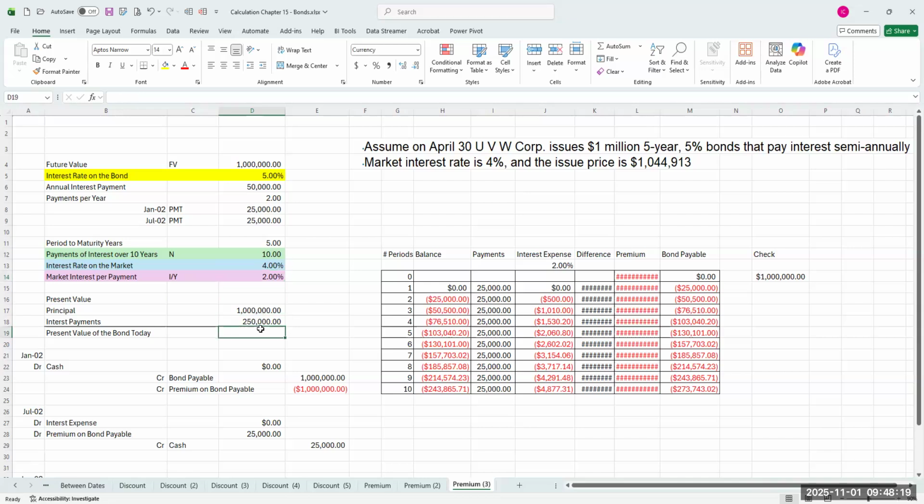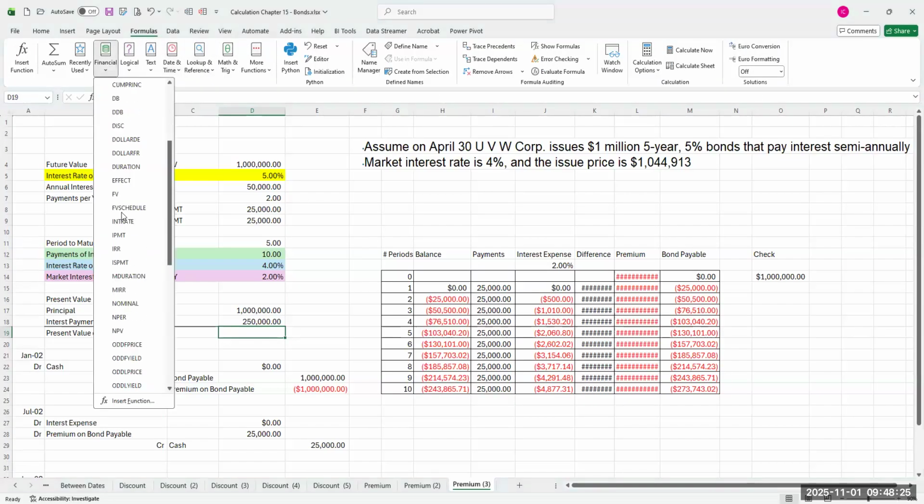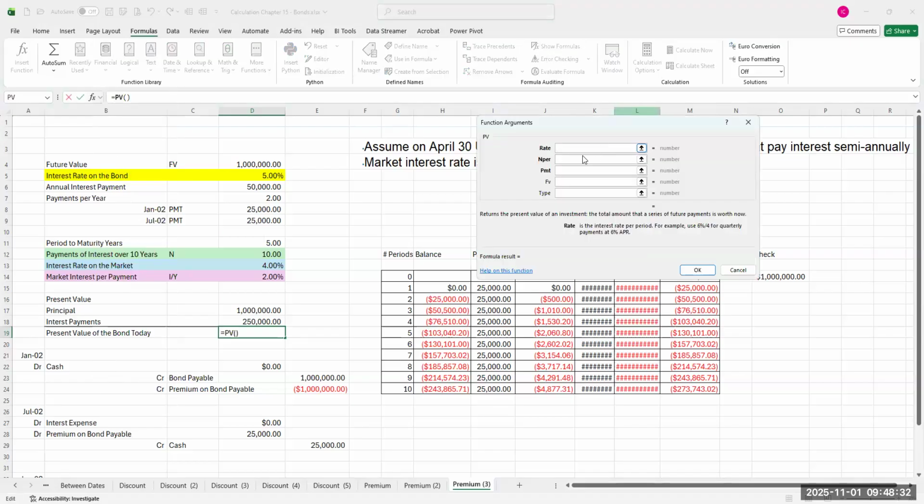Once we have that information, we go to the formulas using the financial functions, scroll down to present value, PV, and start plugging in the information. Rate is always and always the market rate, the market rate on every single payment. Number of periods is the number of payments that you have to make, using exactly the same percentage the market rate is related to.